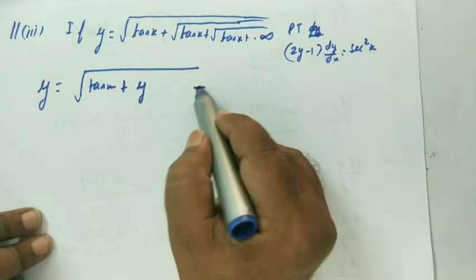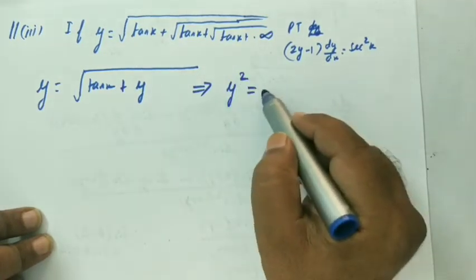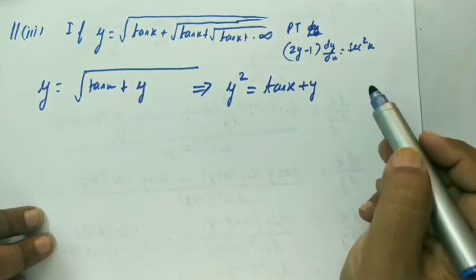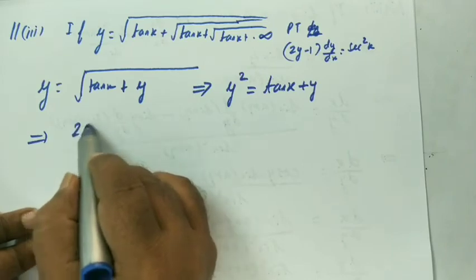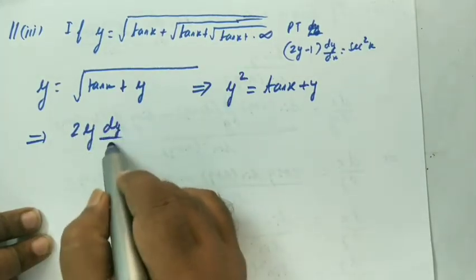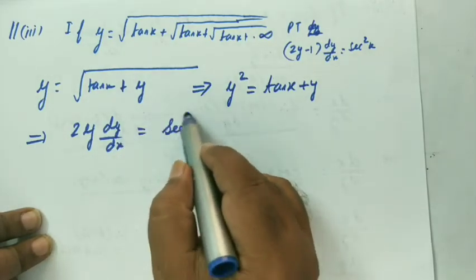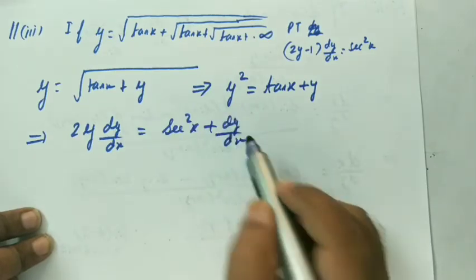After that, y square is equal to tan x plus y. Now I'll differentiate this with respect to x. y square is 2y. This is sec square x dy by dx.